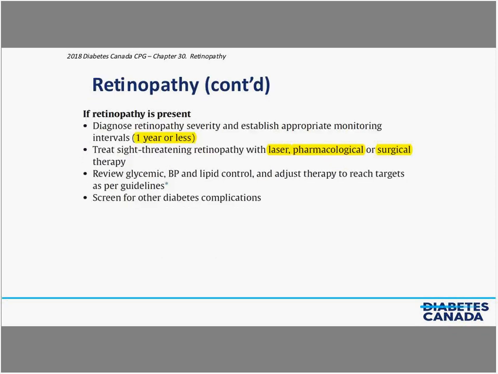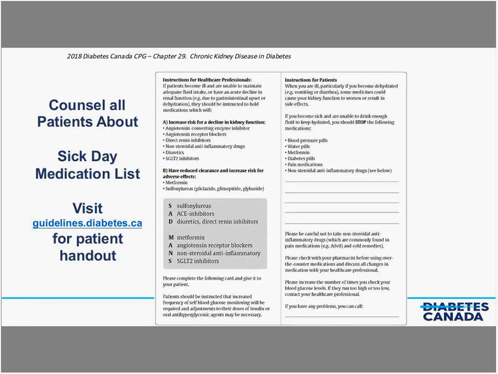Let's focus on what's new. Retinopathy, no changes from before. Well, we're near the end here, actually. What's new is you folks are probably all familiar with the SADMAN routine, where if people are ill for other reasons and they're at risk of volume depletion due to poor oral intake, or they're vomiting, or they've got diarrhea, that you should temporarily hold medications, including sulfonylureas, ACE inhibitors, diuretics, metformin, ARBs, and NSAIDs.